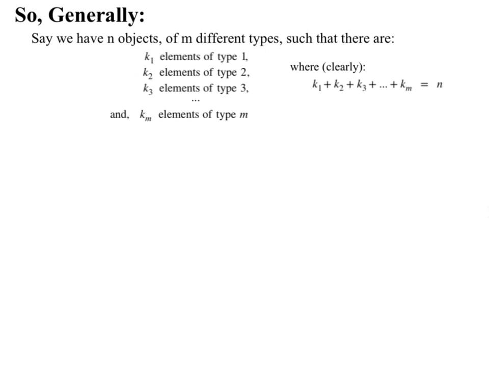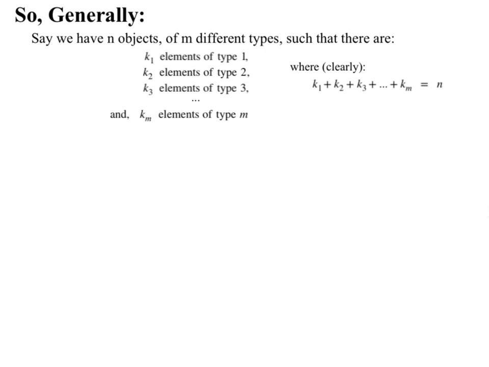Okay, so if we think about this in the general context, let's say we had n elements in total. There were m different types. And so let's say K1 elements were of type 1, like say apples. Say we had 2 apples. K2 of type 2, and so on, up to Km of type m. Clearly the sum of all of the objects is equal to n.